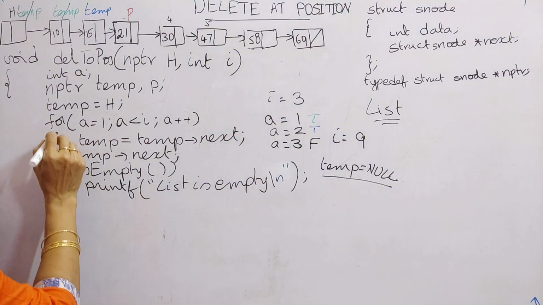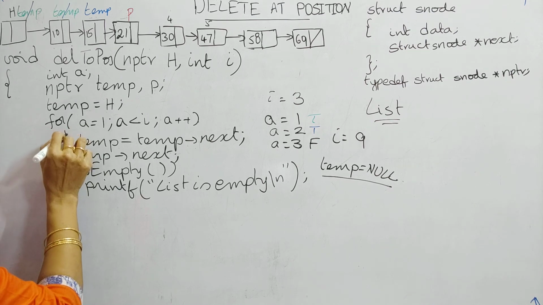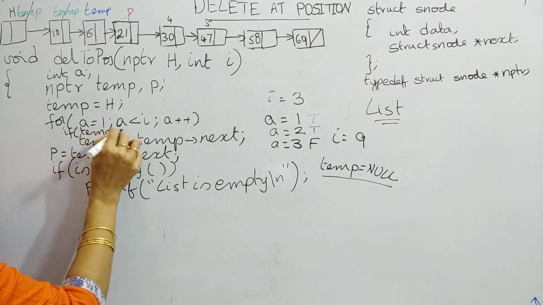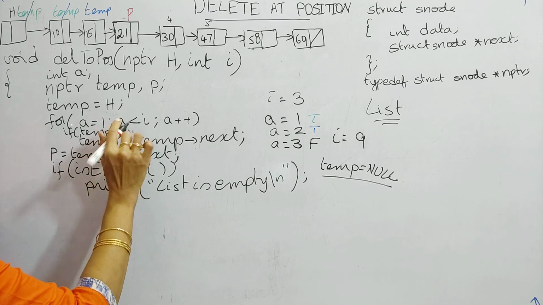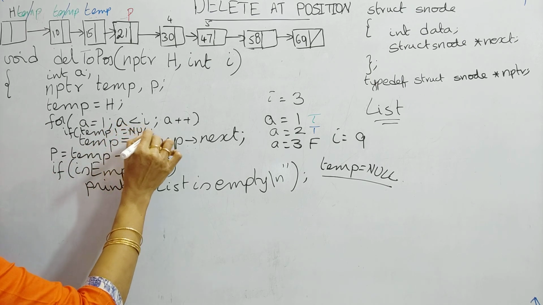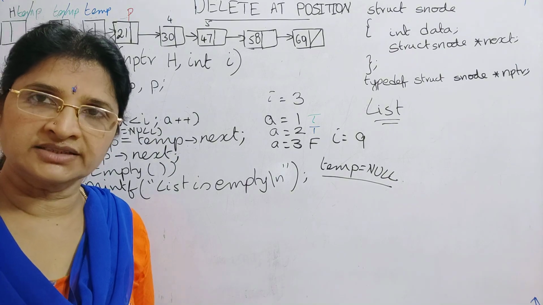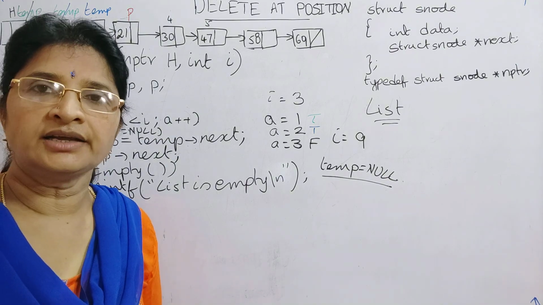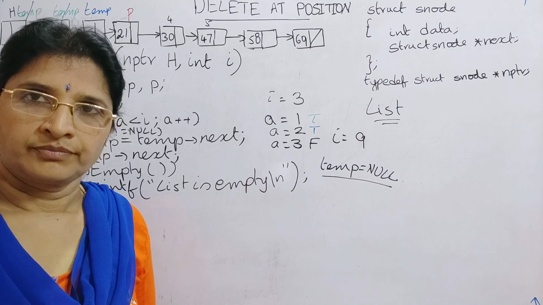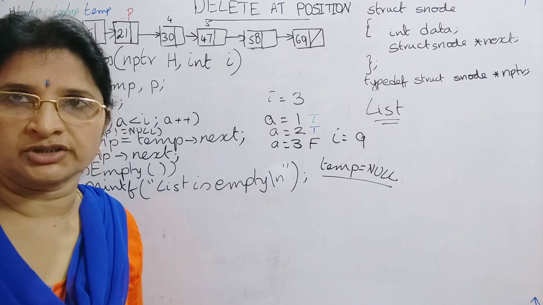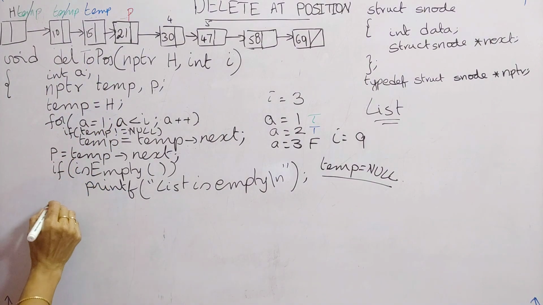So here you can give a simple condition: if temp not equal to null. Otherwise, it indicates that you have asked for some position after your last node. That is not possible. So that's why you can check here.